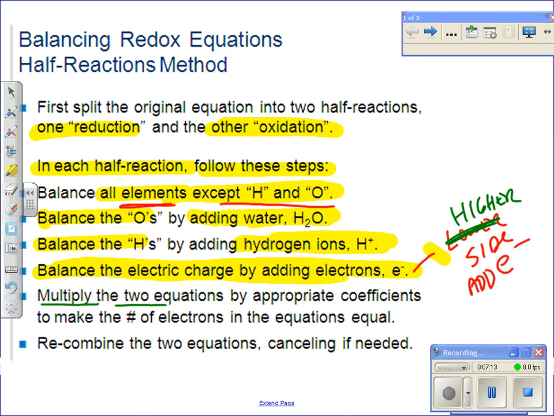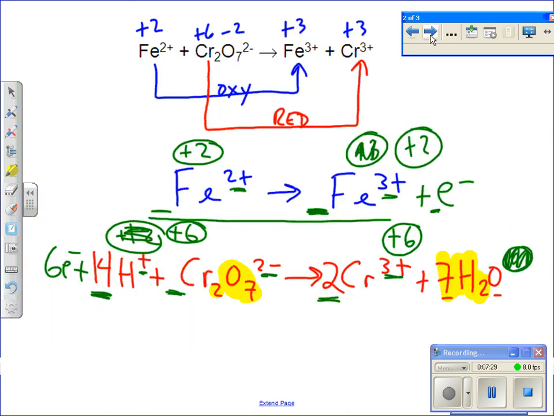Multiply the 2 equations, if needed, by coefficients to make sure the electrons are equal. The whole point of a redox reaction is to get the electrons to cancel. If I look right here, this has a coefficient of 6, so I have 6 electrons here, 1 electron here. I have to get the coefficients the same.